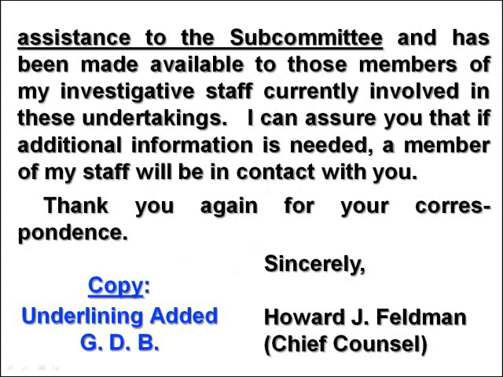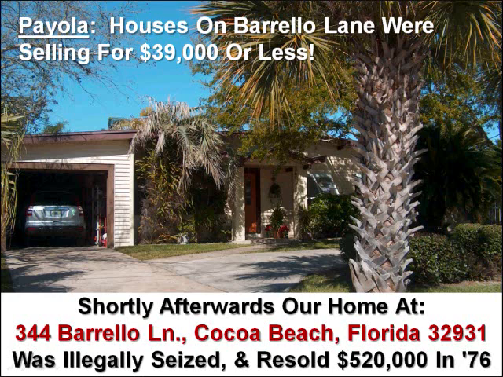He's Chief Counsel for the Subcommittee on Investigations. Houses on Barilla Lane were selling for $39,000 or less. Our home was illegally seized by the federal government for taxes we did not owe because the federal government was a party to the theft between $5 and $8 million.